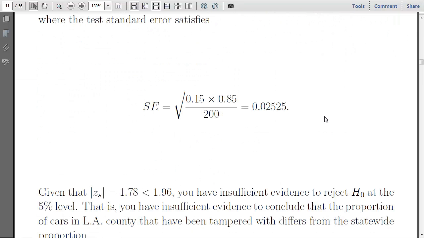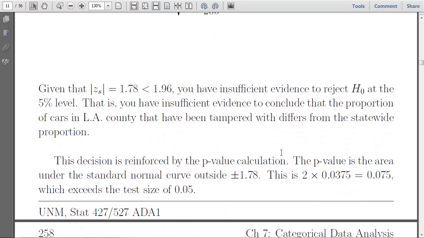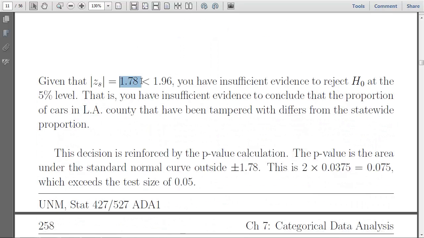Oh, there's our calculation of the standard error. And given that either the observed statistic was less than our cutoff, or that our p-value of 0.075 is bigger than 0.05, both of those reinforce the decision of failing to reject the null.